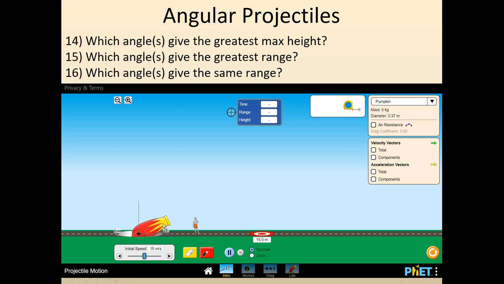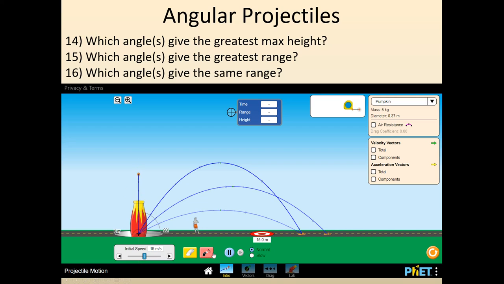What I would do is start at 25 and then go up by 5 degrees all the way up to 90, making measurements of time, range, and height for each of the points, and then just see what happens. Actually, I'll do four angles in particular: 30, 45, 60, and 90.